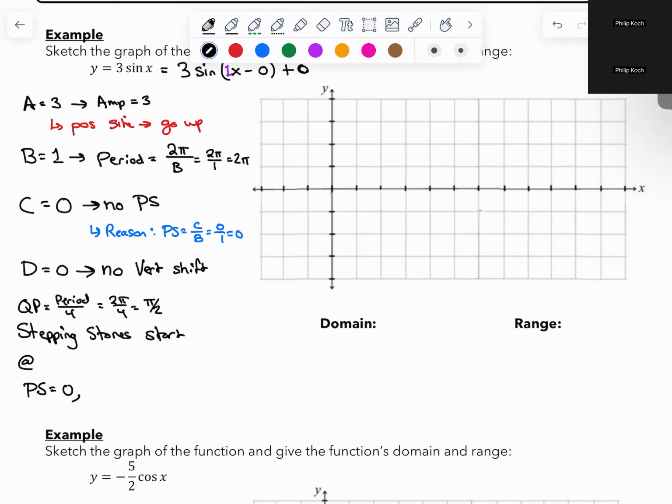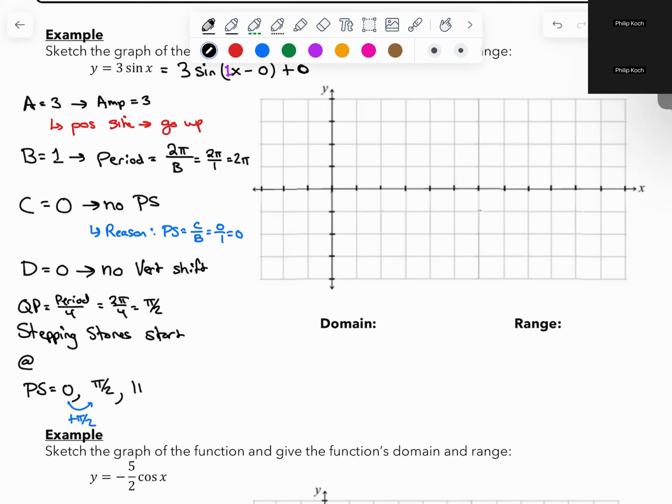To find the key points, you start at the phase shift, and then you just keep adding the quarter periods until you get to where you need to go. Plus pi over 2 gives me pi over 2.